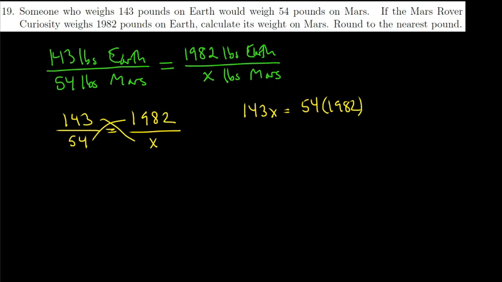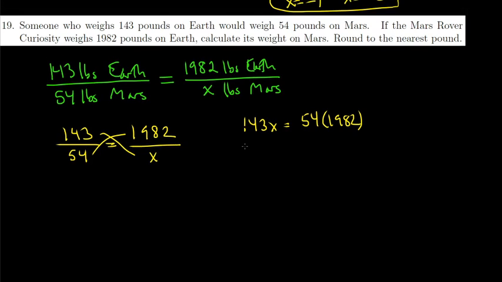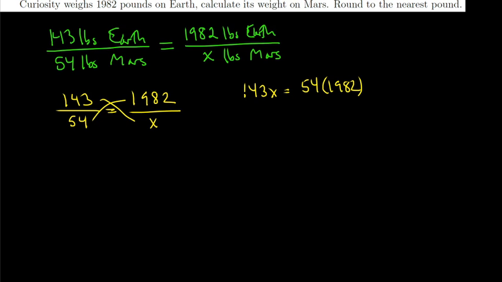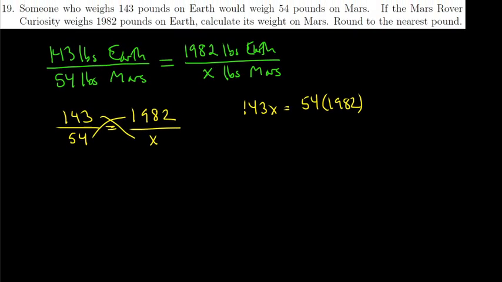All right, so 143 times x is equal to 54 times 1,982, which is 107,028.